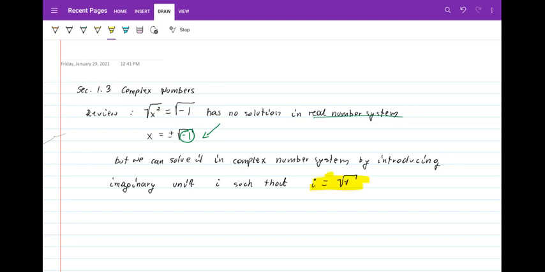Okay, so we call that the imaginary unit. So if I is equal to the square root of -1, then I squared will be just -1.